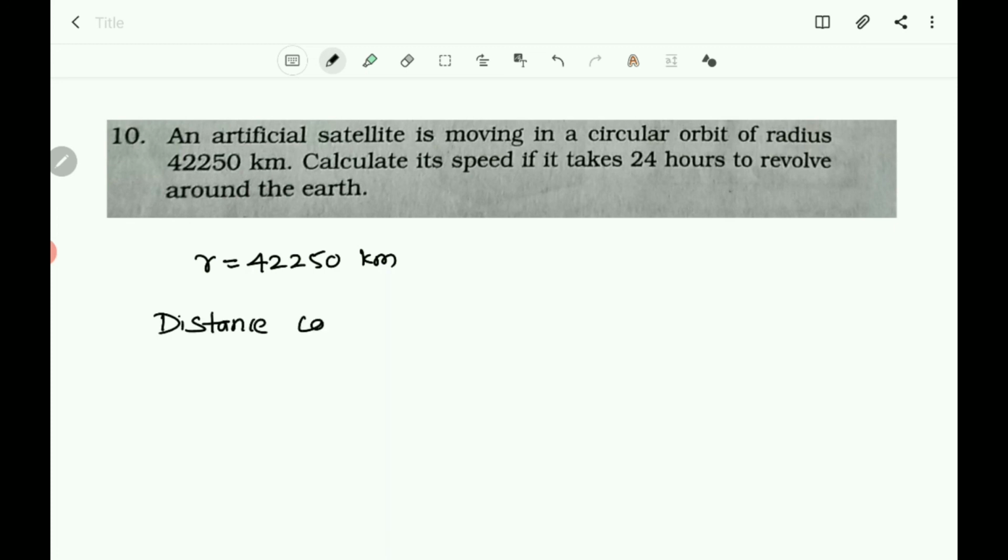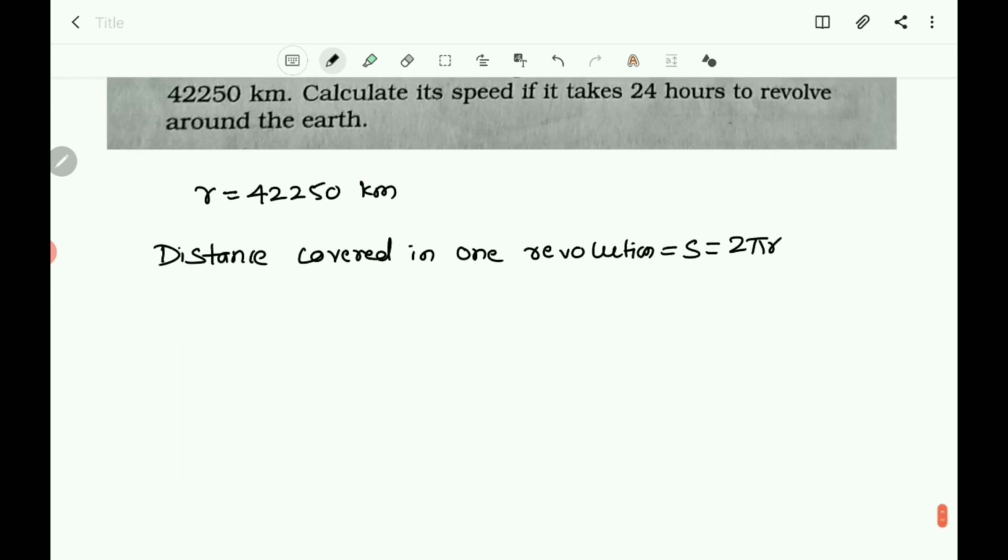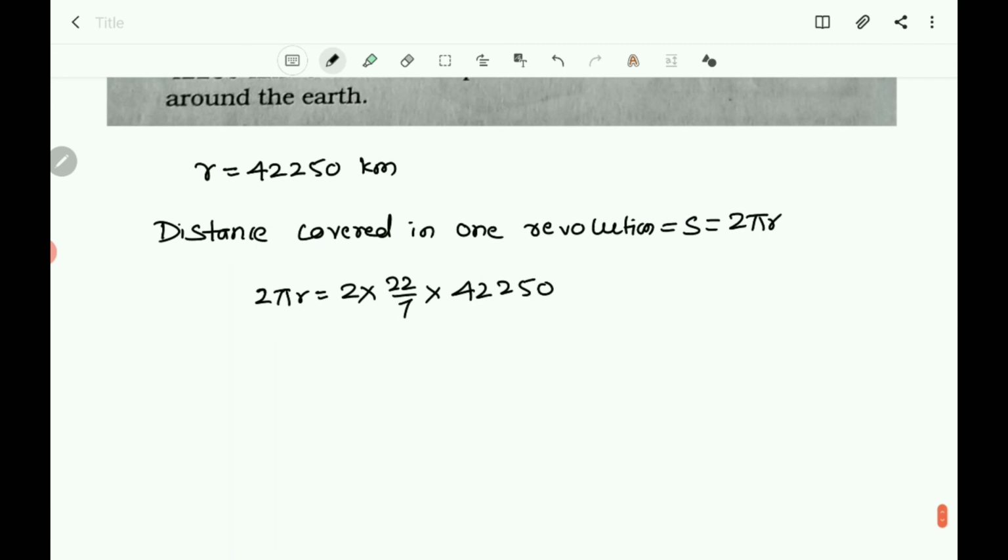is equal to, you can take d or s, that is 2 pi r. So s equals 2 pi r equals 2 into pi, which is 22 by 7, into r, which is 42,250.